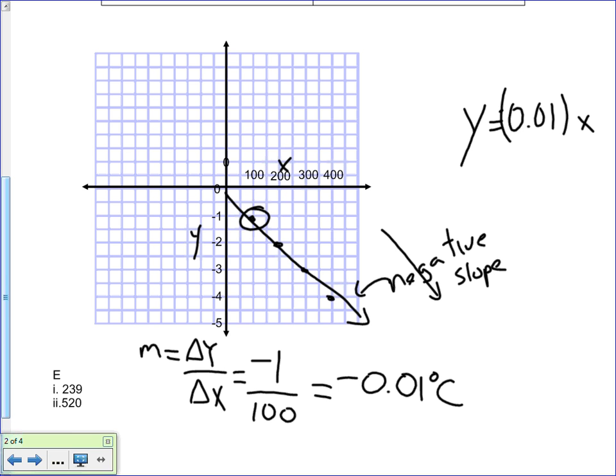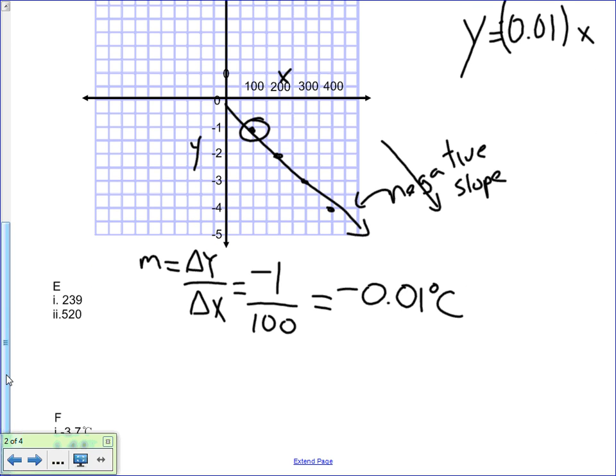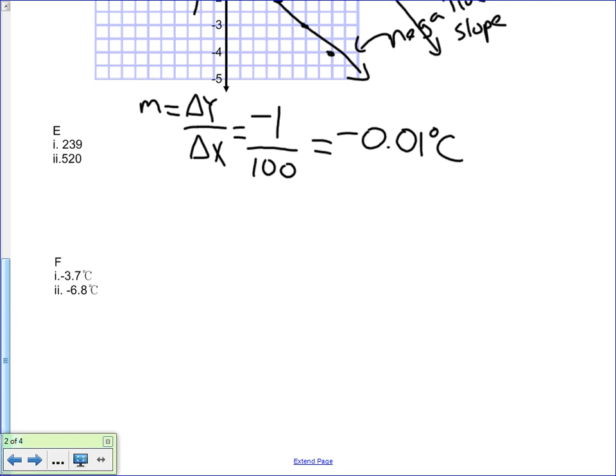Now, to actually apply that, we can solve different sorts of problems. For example, if I had 239 meters, using my line it would be very hard, but using my equation, that's very easy. So for 239 meters, if I apply my formula, y equals -0.01 times x, so 239 meters is my x.